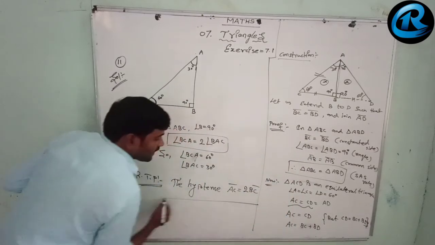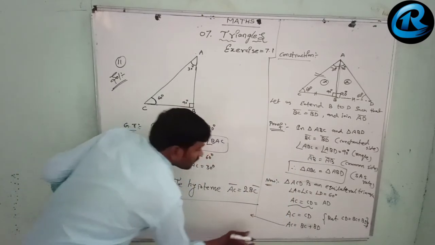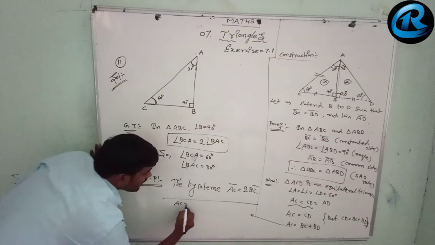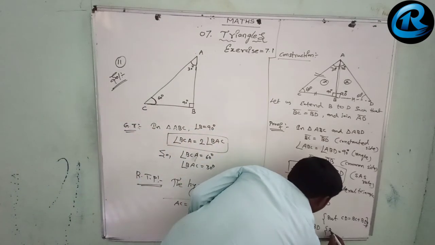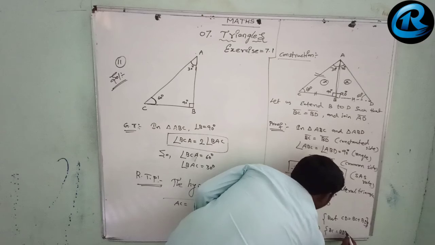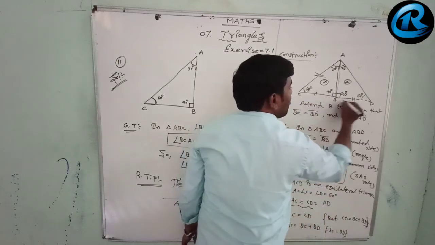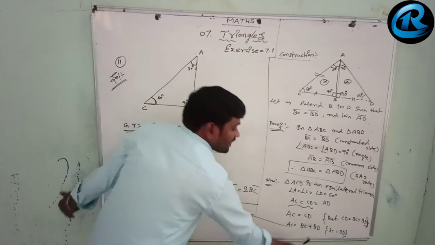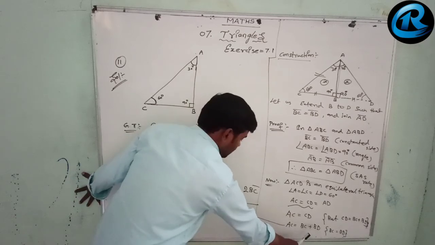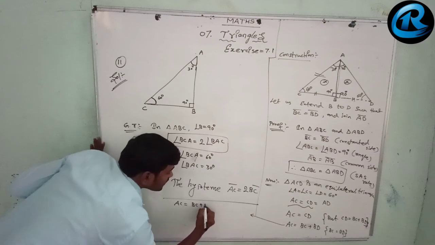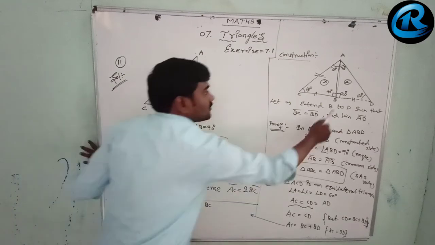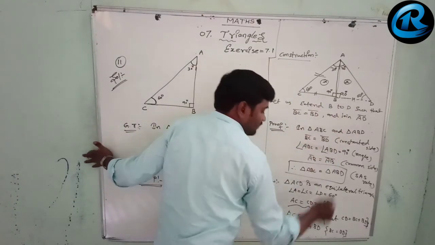Now BC and BD are both equal, so instead of BD I will write BC.